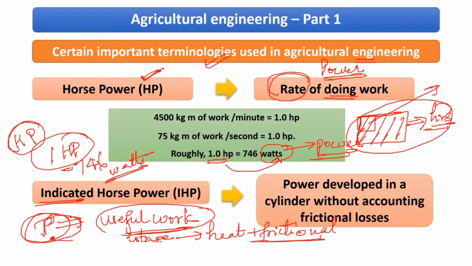In between, during that transaction, a certain amount of wastage is seen. So keeping this concept in mind, when I say indicated horsepower, I am not subtracting the wastage. I am just taking into account overall what is the power that is required. You will understand this better when we move forward.